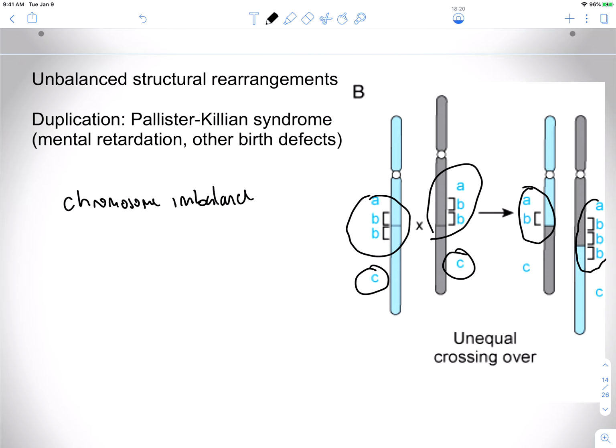And this can also, depending on where the deletion or the cuts occurred, disrupt genes. So it can lead to what's referred to as a phenotypic abnormality caused by disruption of genes.